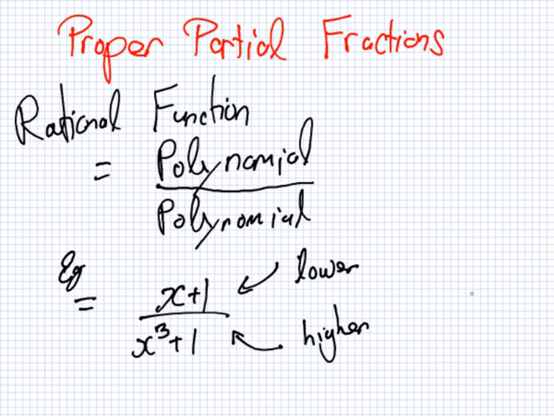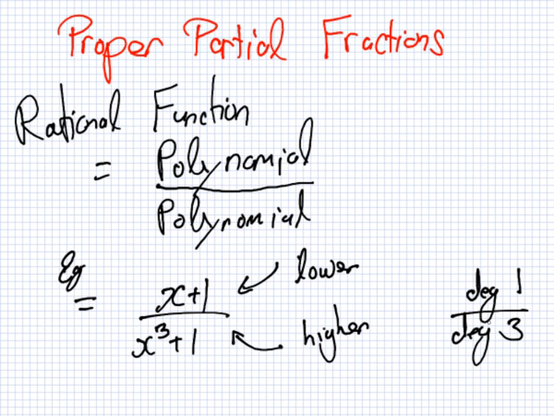For example, here it's a degree 1 over a degree 3 equation. So linear over cubic, quadratic over cubic, linear over quadratic, these are all proper rational functions. Okay, got these words?